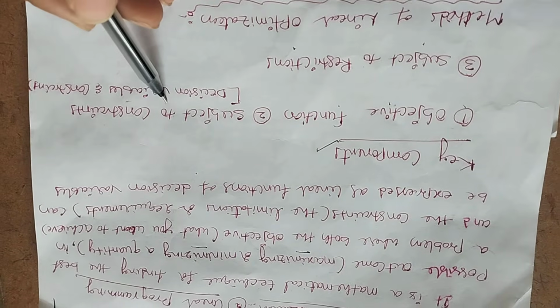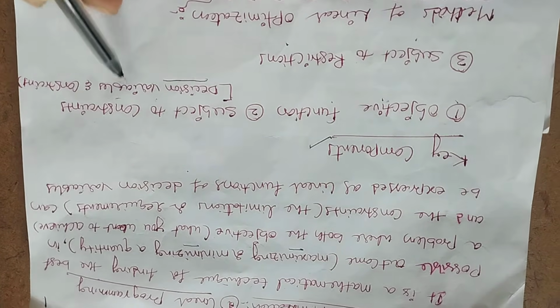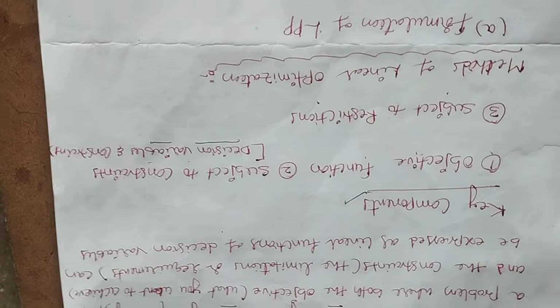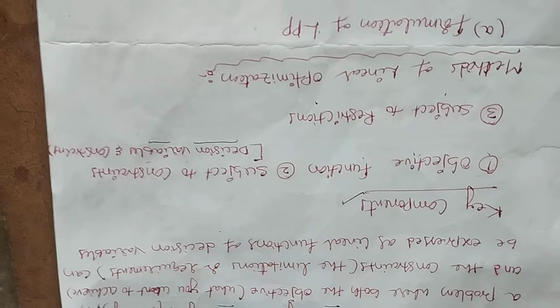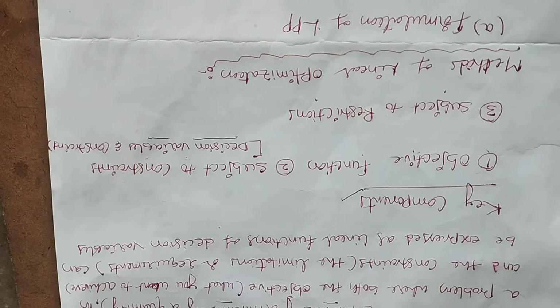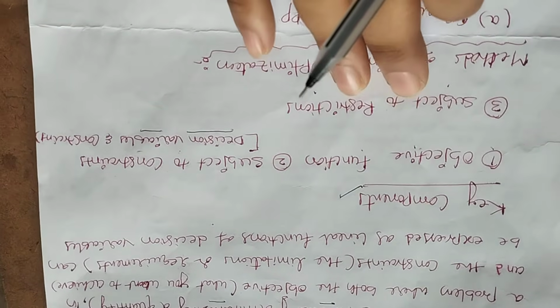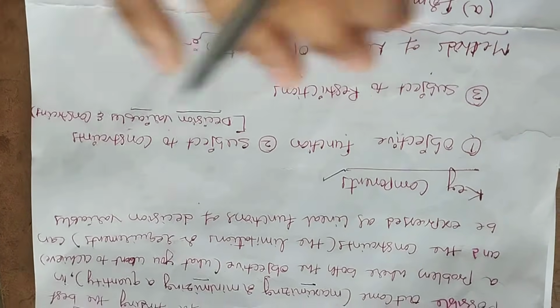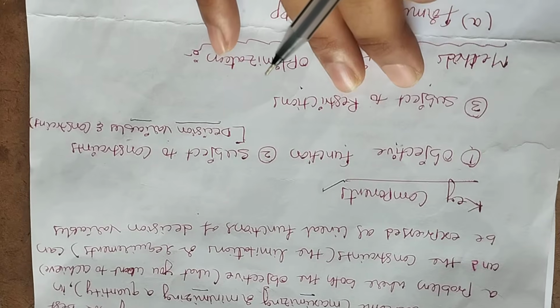Subject to constraints means the decision variables have constraints, that is, limitation factors, also called scarce variables or scarce resources. Subject to restrictions means that to fulfill the objective function and constraints, we must follow the restrictions.